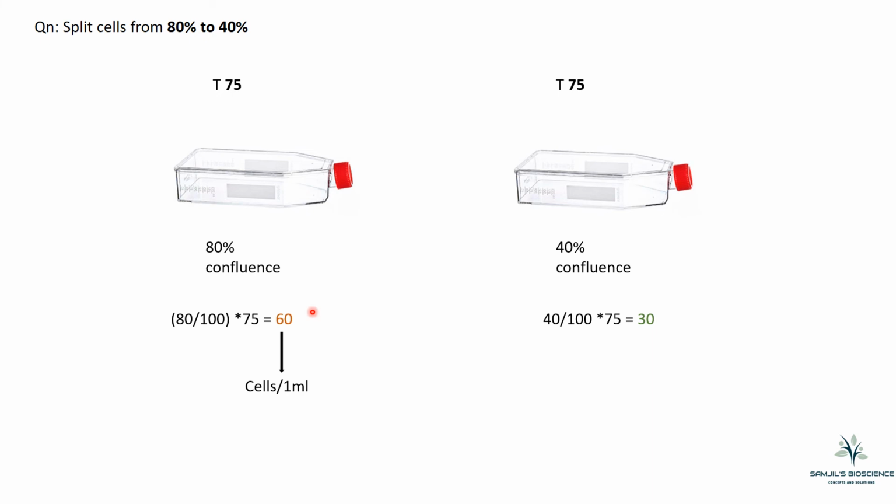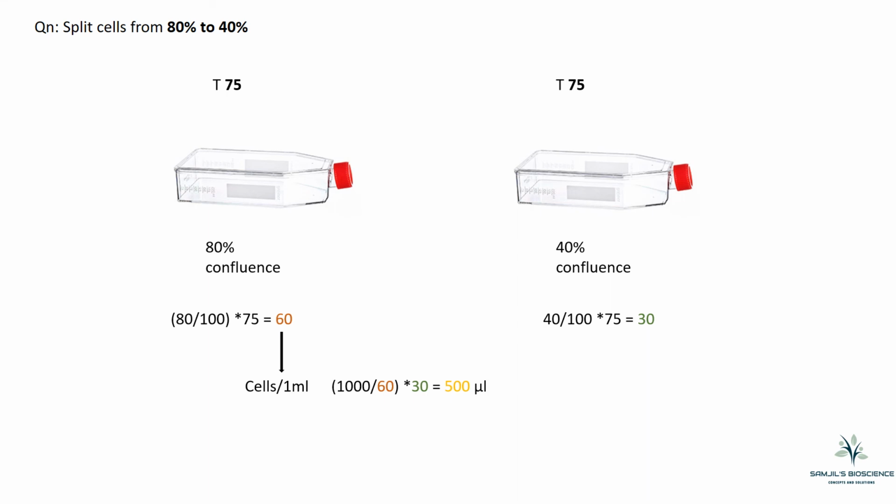Now you want to seed the cells so that it is 40% confluence in another T75 flask. You calculate that you want to achieve this much confluence because you have this much of cells in 1 ml. You want half of it, so you need 500 microliter of it.